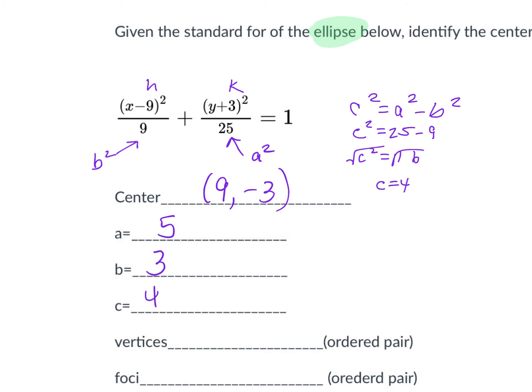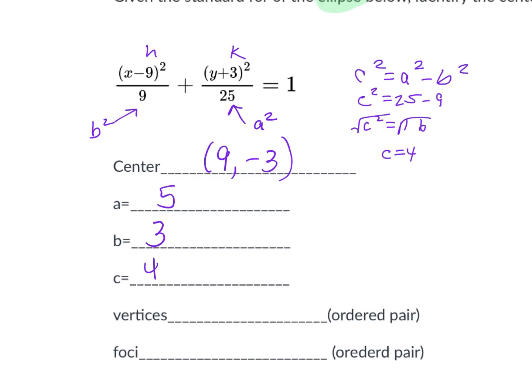All right, so tell me, guys, 5, 3, and 4. 2 of those numbers are super duper important when I'm trying to find stuff. What do I use the 5 for? To find vertices or foci? Vertices. Yes, ma'am. Thank you. Vertices. And I use the C value for the foci.